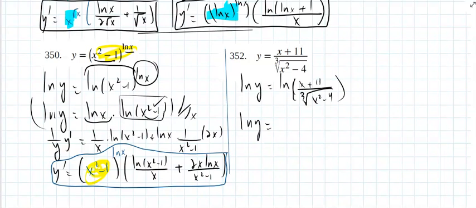Now, we know that log of the quotient is the difference of logs, and I'm going to write that as a power of 1/3, and I'm going to move this up front.